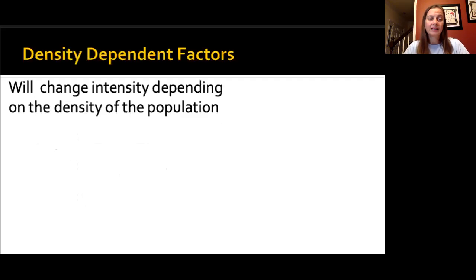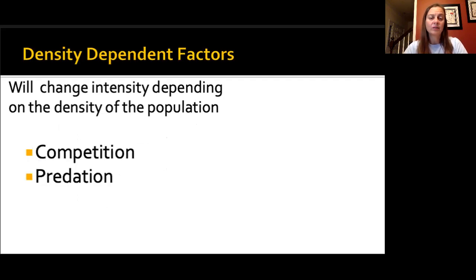Okay, let's talk about density dependent factors. So when we talk about these limiting factors, we talked about density dependent and density independent. So density dependent factors are those that change their intensity, change their limitation ability, depending on the density of the population. So these are things like competition, predation, disease, parasitism.